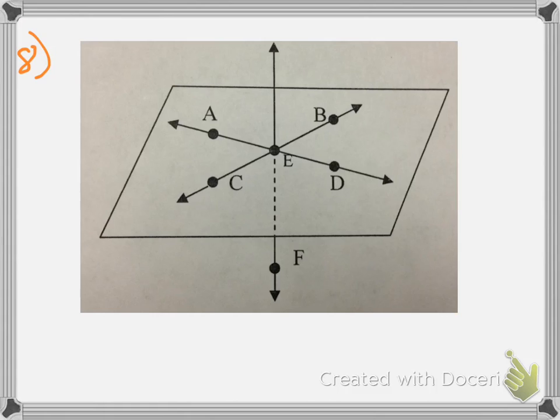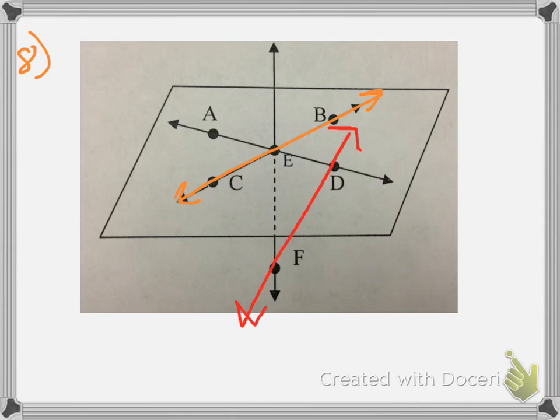So 8 says EB, which is this line right here, and FD. So FD is this line right here. Okay.